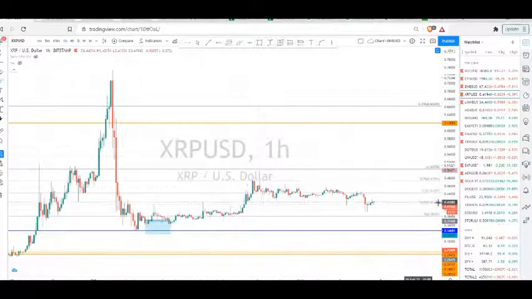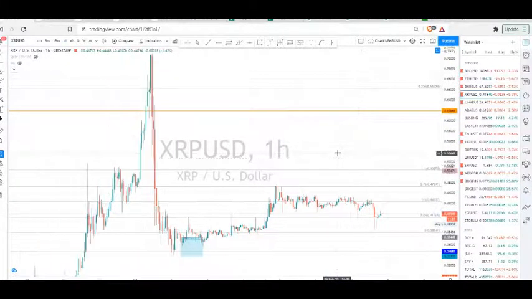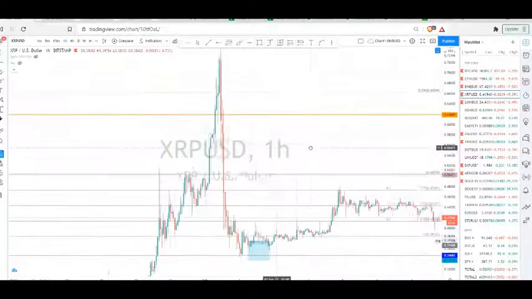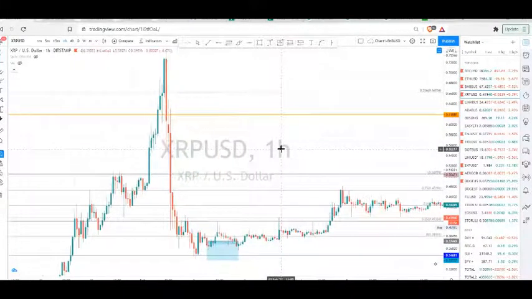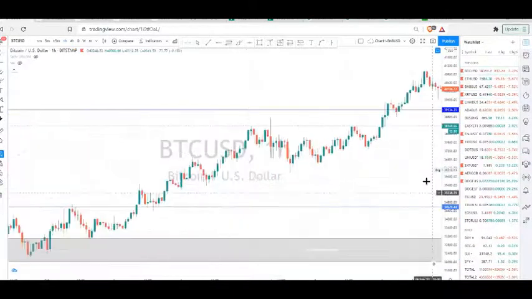Okay, I have a lot of levels here on XRP. We always buy support line and sell resistance line. How do I mean? I'm looking for a good chart that I've annotated.